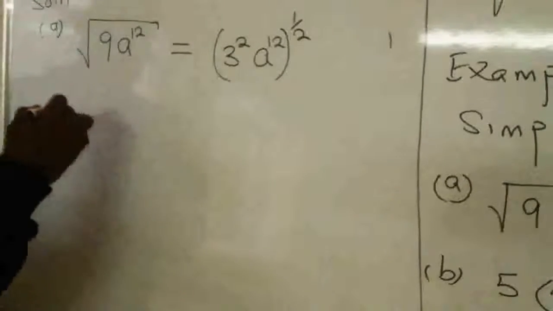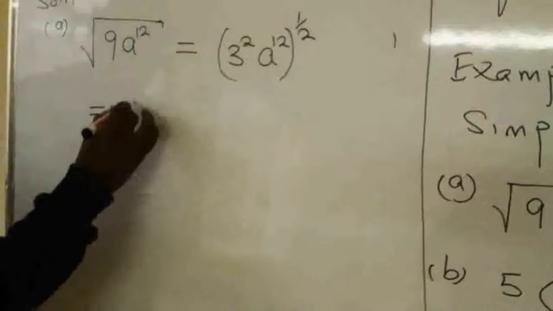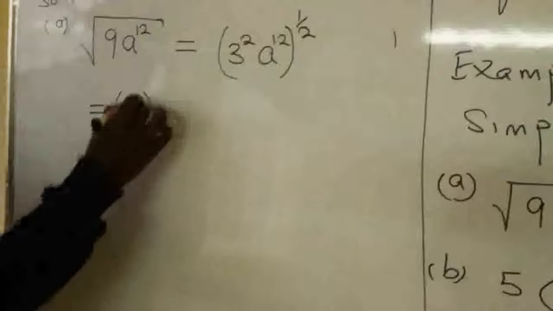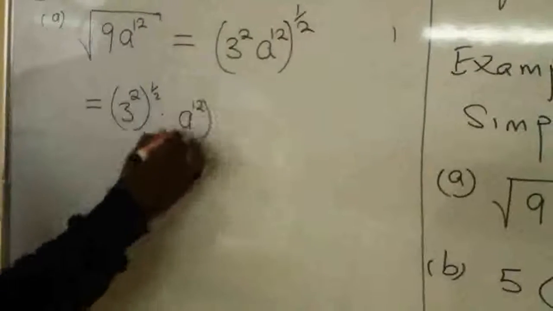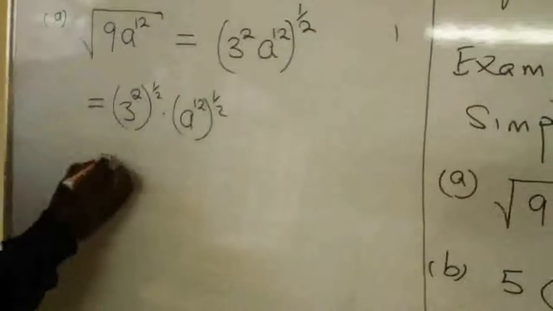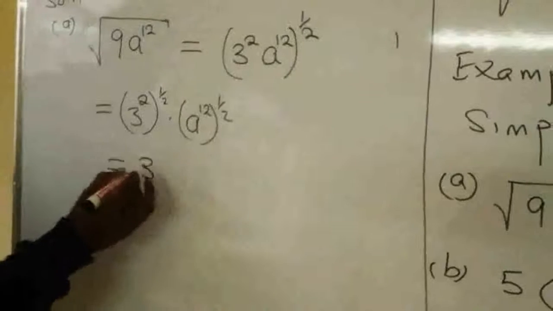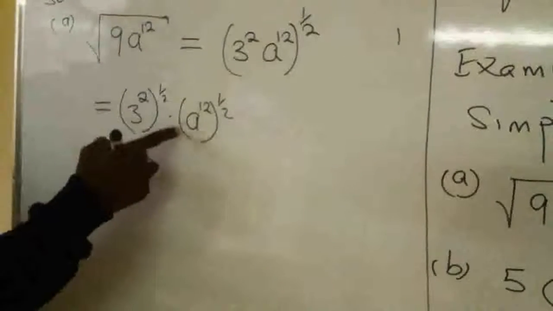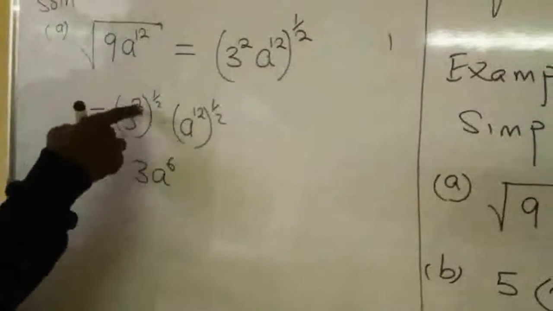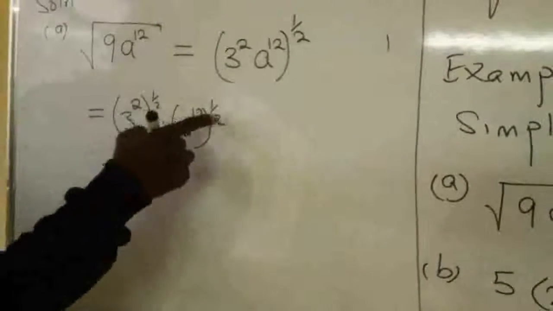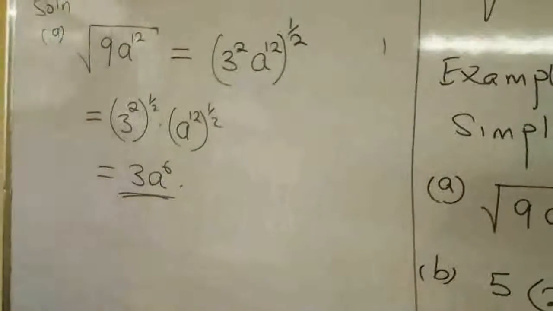So from one of our rules, this is 3 power 2 power half times a power 12 power half. When we multiply the powers, this is going to be 3 power 1 times a power 6, because half times 2 is 1 and half times 12 is 6. So this becomes our answer.